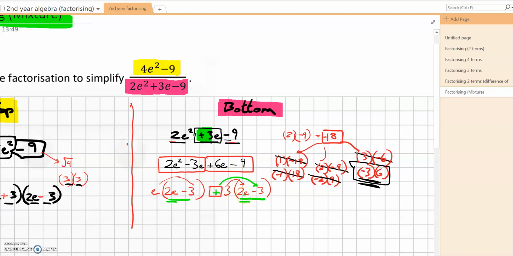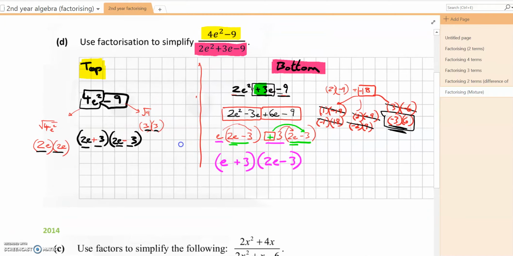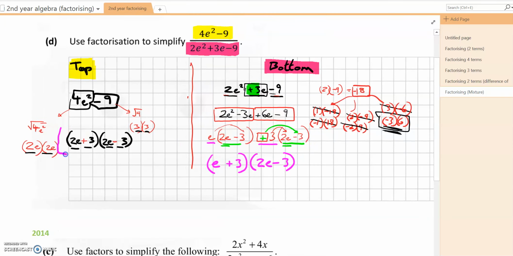So I've got my signs correct, and now I just need to do the very last step, which is get the things that are outside the brackets and put them into brackets of their own. So e plus 3, and then write that repeating bracket, just write it once. Okay, so now I've got my top written as this, and my bottom factorized as this. So now I can rejoin the two of them.